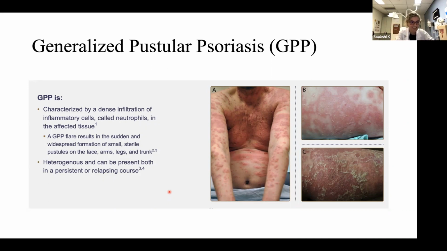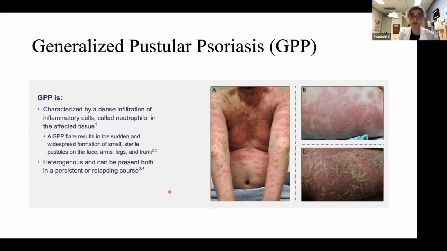for the most part, all of us like giving topical steroids as the first step for everything. It works or not. And then GPP is very rare, so it's not a very common skin condition that is seen. But the reason why I wanted to have it here is because I've certainly seen GPP in Sinai as an inpatient consult, and the few GPP patients that I have, their history is very typical, that they've seen a lot of providers.